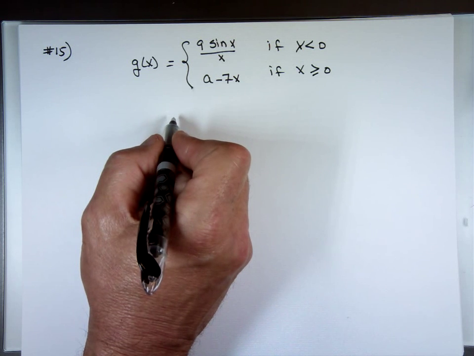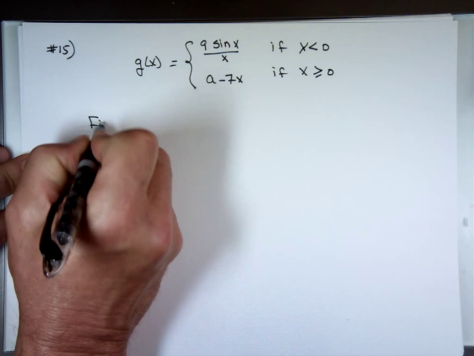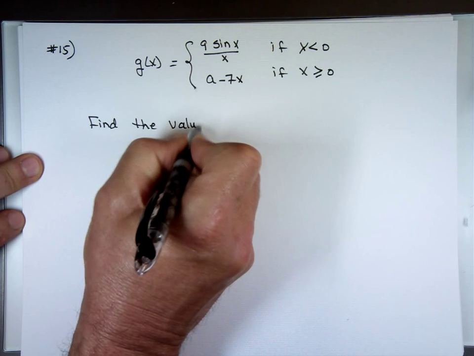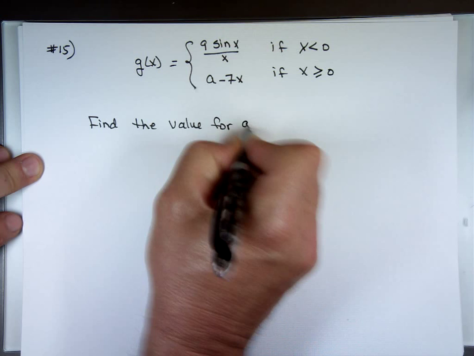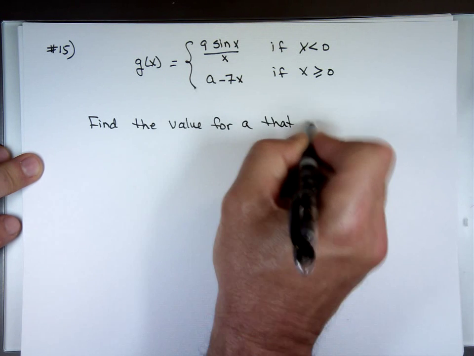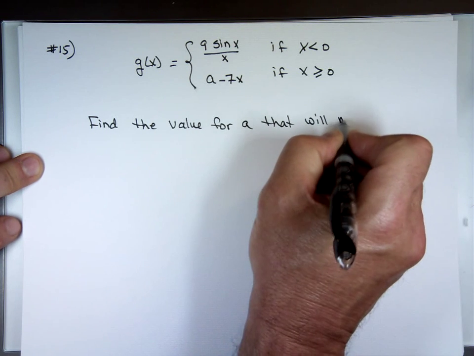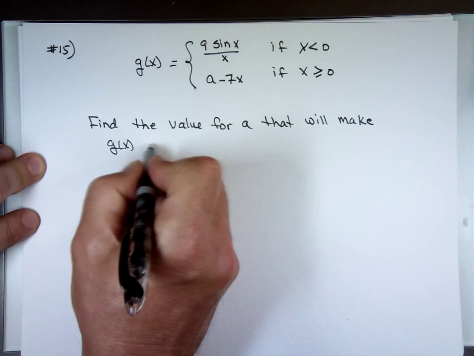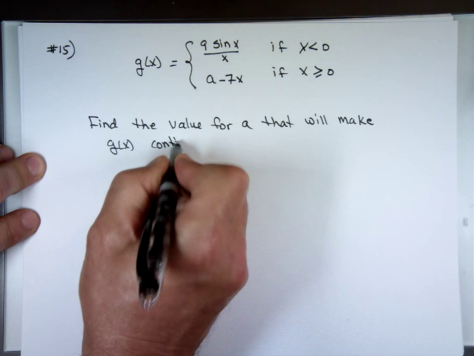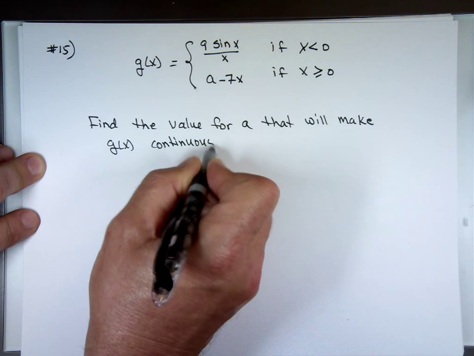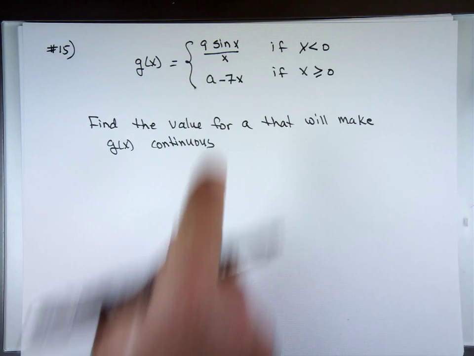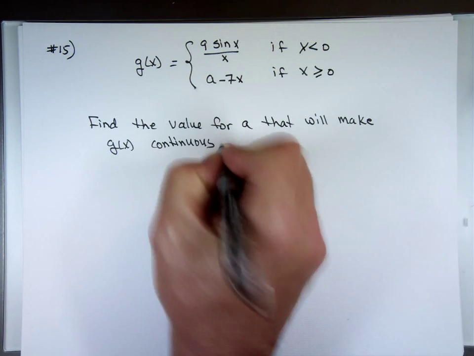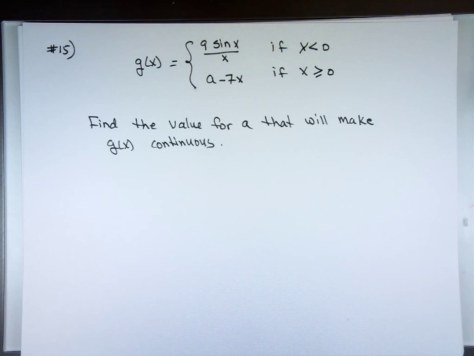The question: find the value for a that will make g of x continuous. There's one number we can replace a by that will make this function continuous. So what is that value?